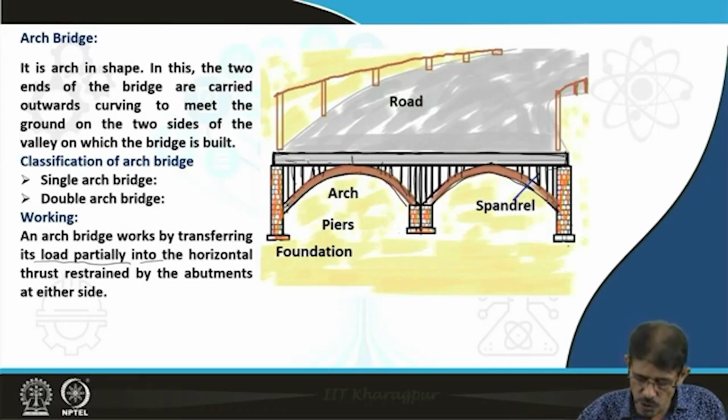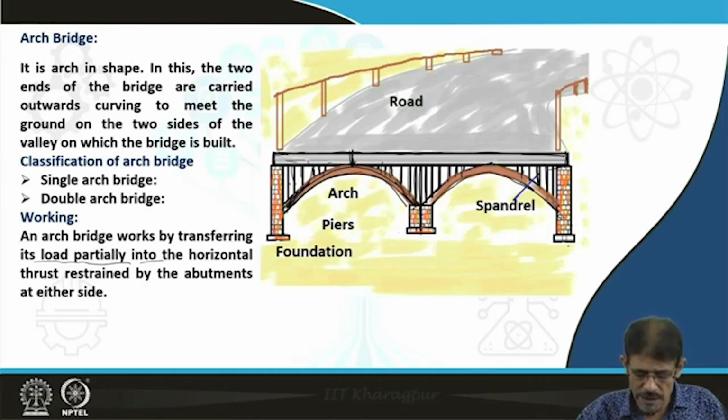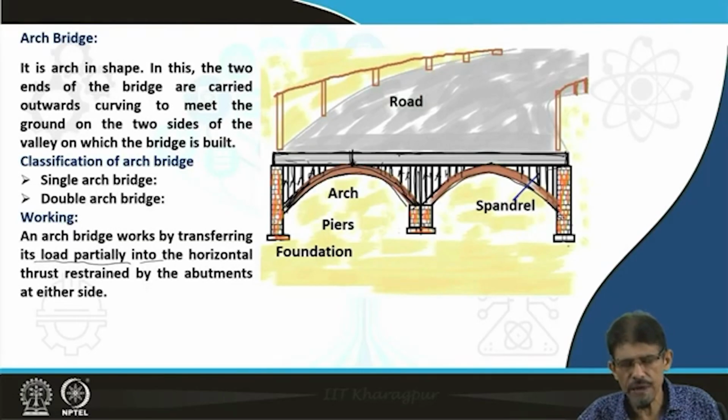Here the load comes on this arch structure, and the arch structure transfers all the compression load to the pillars associated with the arch, and the spandrel is under tension to counter the balance of the force and resist the bending of such a deck structure.